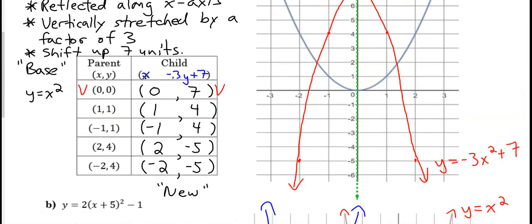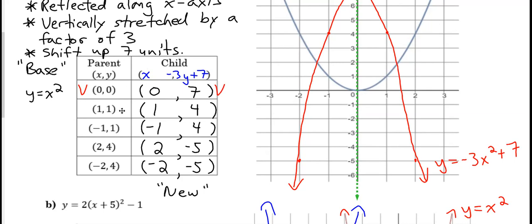And so this is going to be your x plus h, so there is no h value. So what you're doing is you're taking your x coordinates that are in the parent and writing them here and coming up with new x values. Now, if you're wondering where these numbers came from, they came from a substitution. So this is -3 times y, so -3 times the y coordinate plus 7.